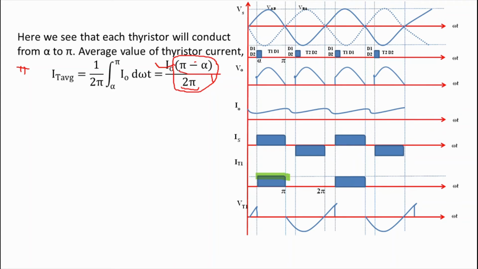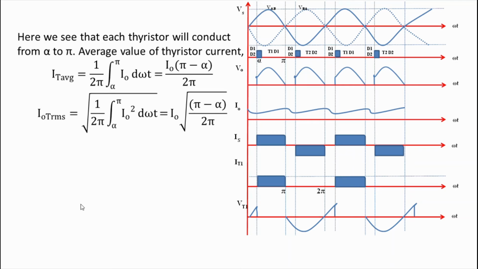Here the maximum value is I naught. So simply IT average is equal to I naught into (pi minus alpha) by 2 pi. Now the RMS value of thyristor current will be equal to the square root of 1 upon 2 pi integration alpha to pi I naught squared d omega t, and that will be equal to I naught under root of (pi minus alpha) upon 2 pi.